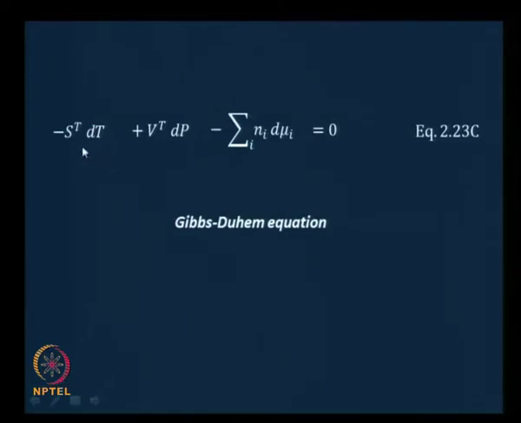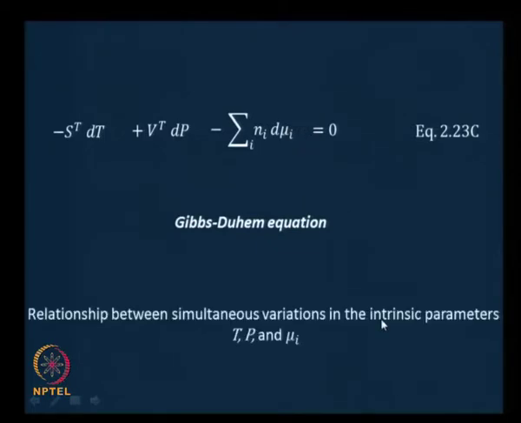Then we derived a fundamental equation, the Gibbs-Duhem equation, which says minus St dT plus Vt dP minus sum over i of ni dmu_i equals 0. Now this gives a relationship between simultaneous variations of temperature, pressure and chemical potential.